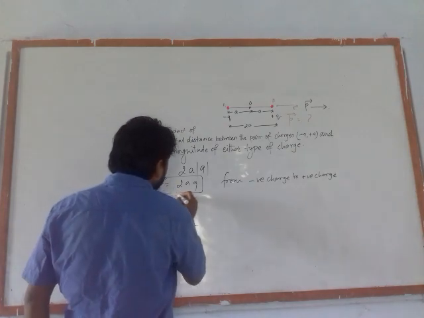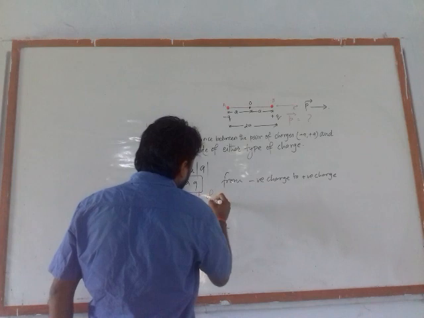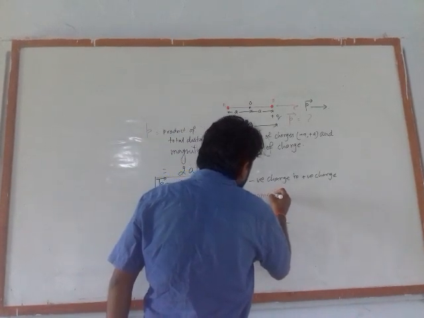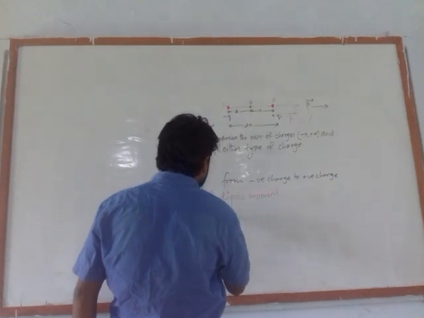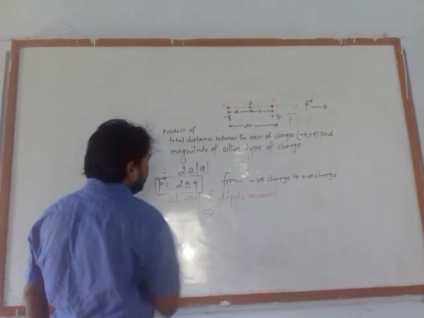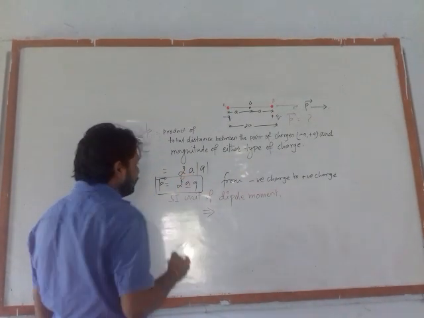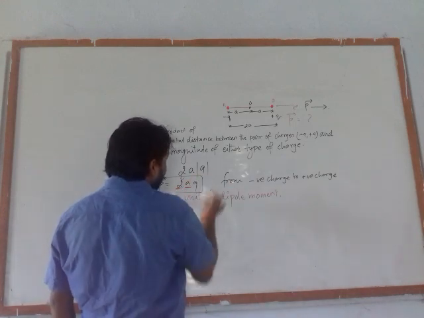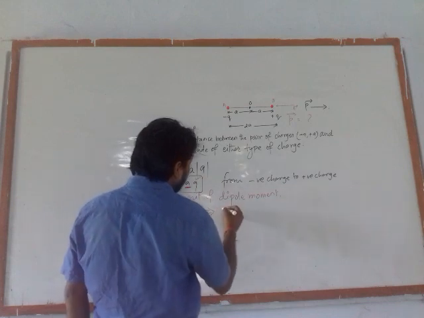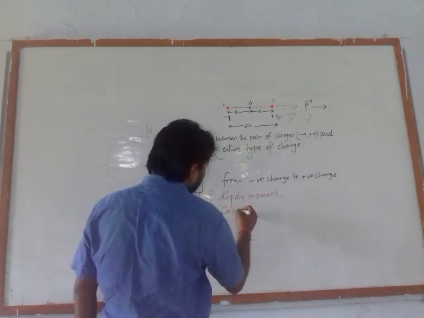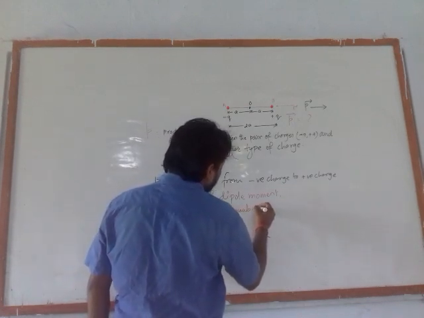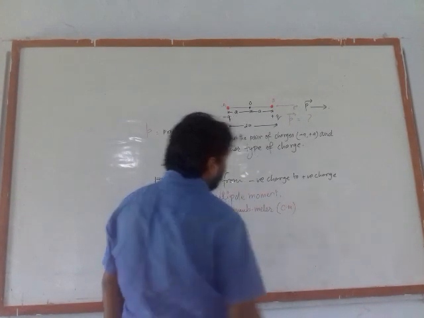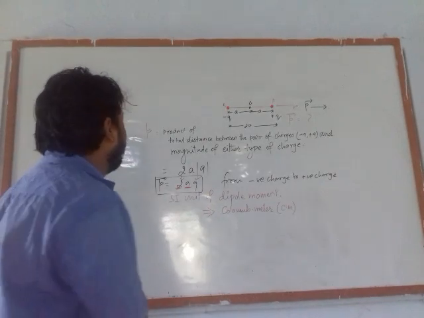Here 2 is a constant, so there is no need to write a unit for it. A is measured in meters, and Q is in coulombs. So the unit is coulomb meter, in short C m.